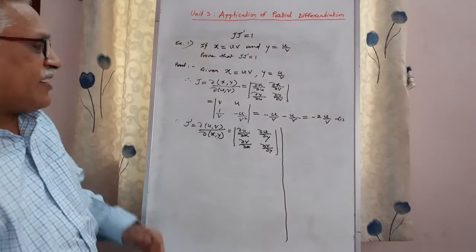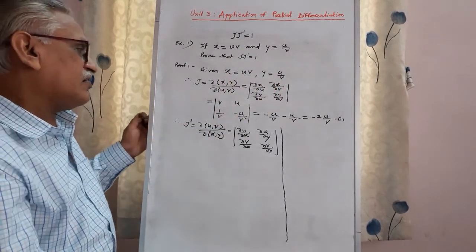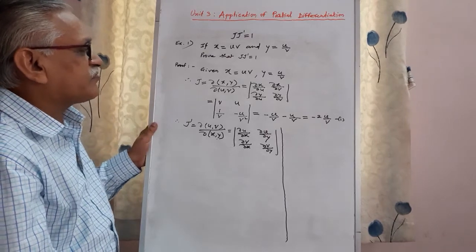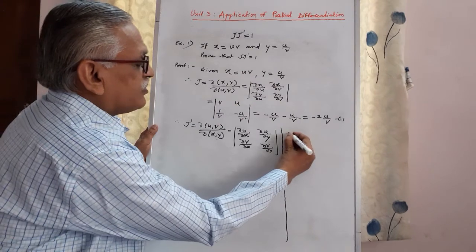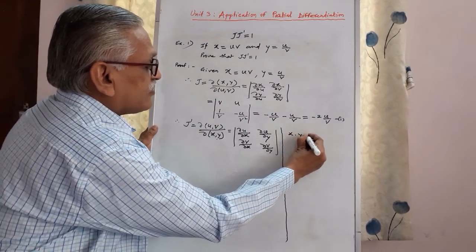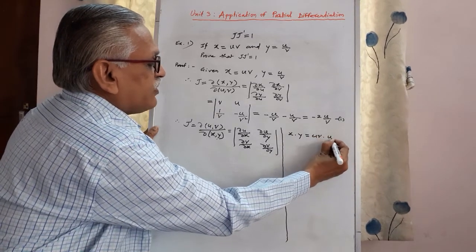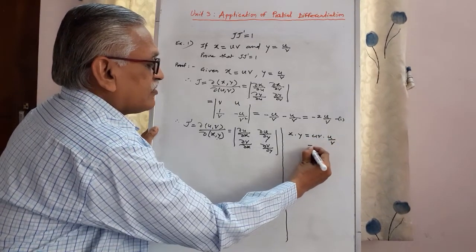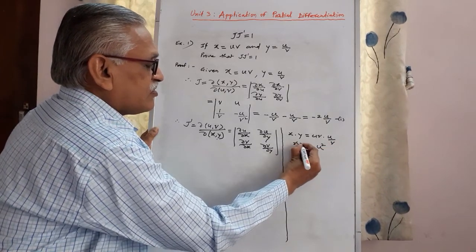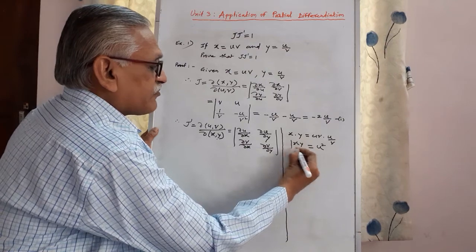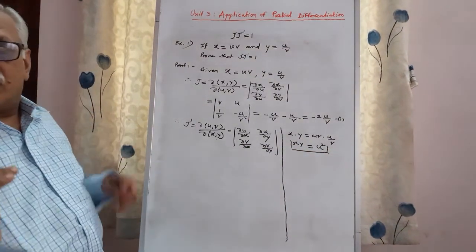To find the value of u and v with the help of the given information, if we take the product of these two, x into y, we get uv into u/v. v gets cancelled, we get u² = xy.